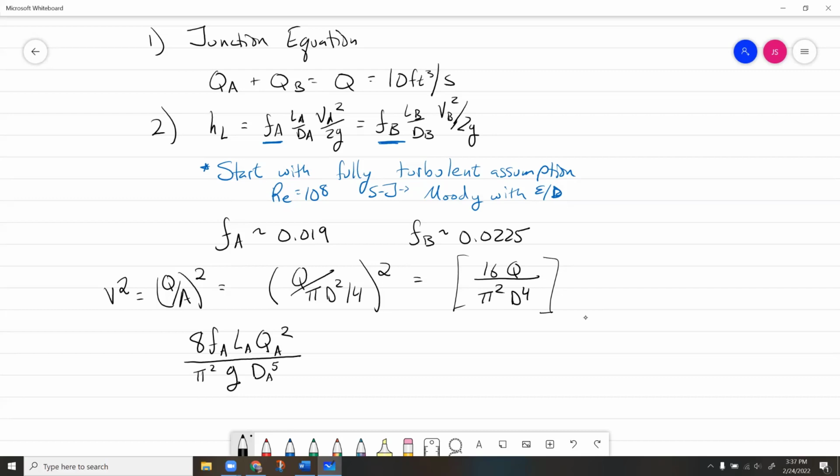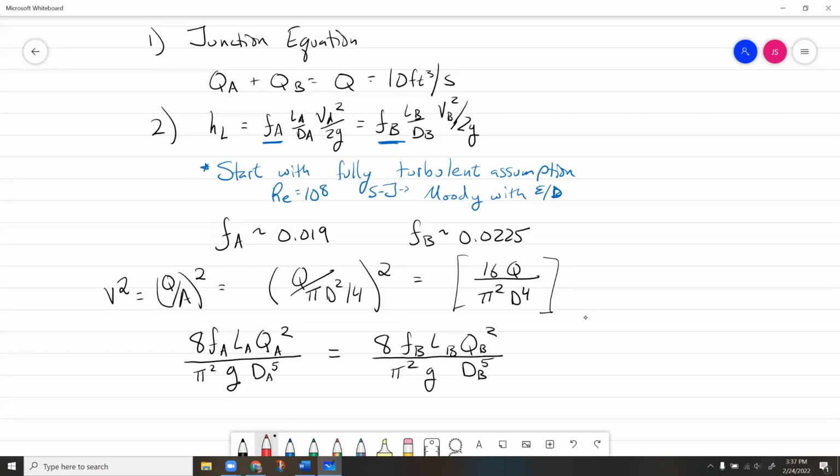That's going to equal, on the other side, 8 f_B L_B Q_B squared all over pi squared g d_B to the 5th.